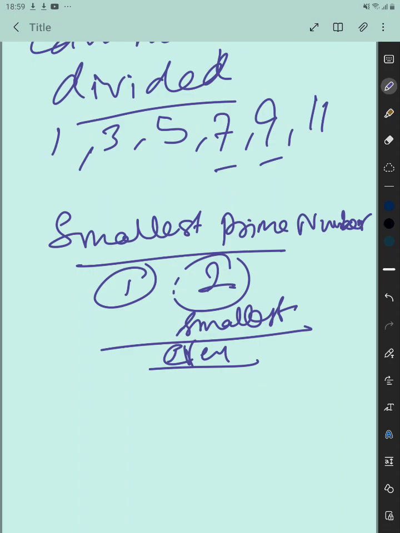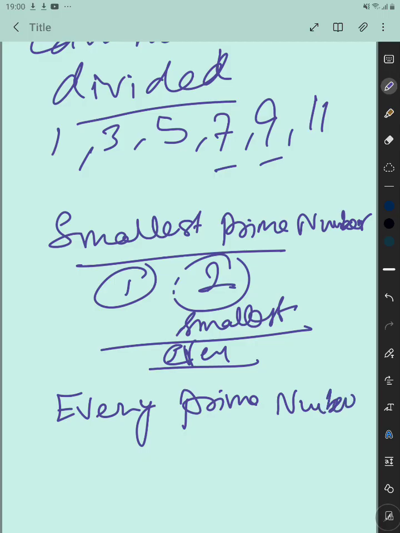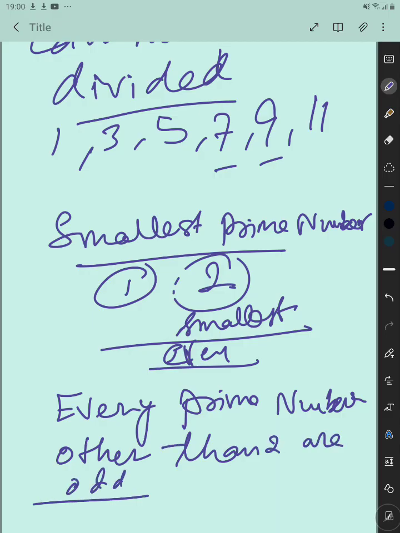What other thing we can say is that every prime number other than 2 is odd.